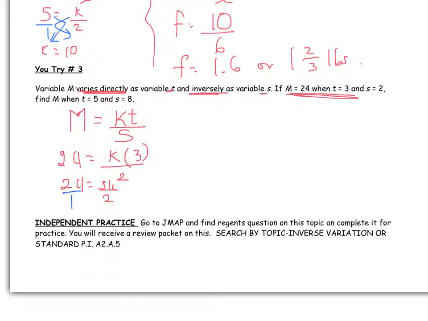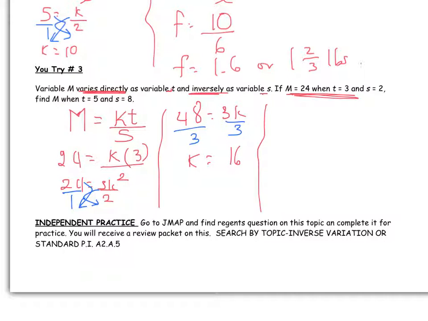So 2 times 24 is 48, and then we have 3K, dividing by 3, K becomes 16, right?